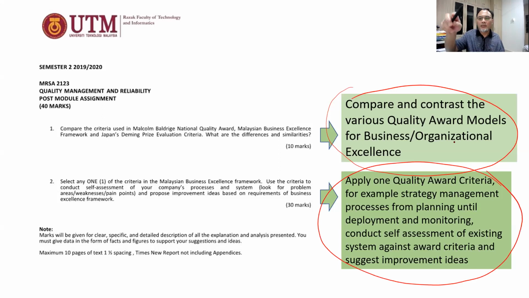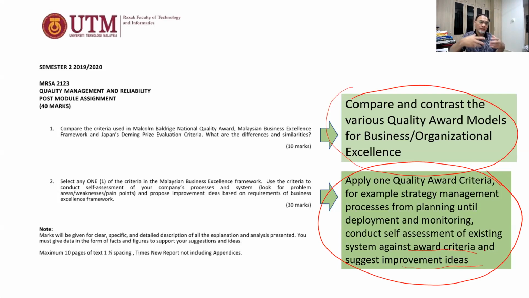Okay. And then use one of the quality work criteria, such as strategic management processes conducted by the company, and conduct self-assessment to look at the strategic management process, whether there are weaknesses, and try to suggest improvement areas or ideas. So this assessment is based on the quality work criteria.